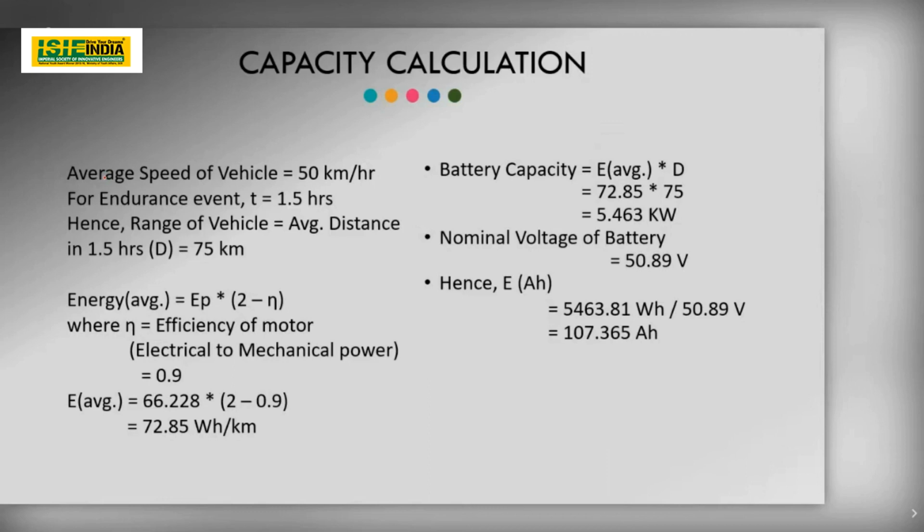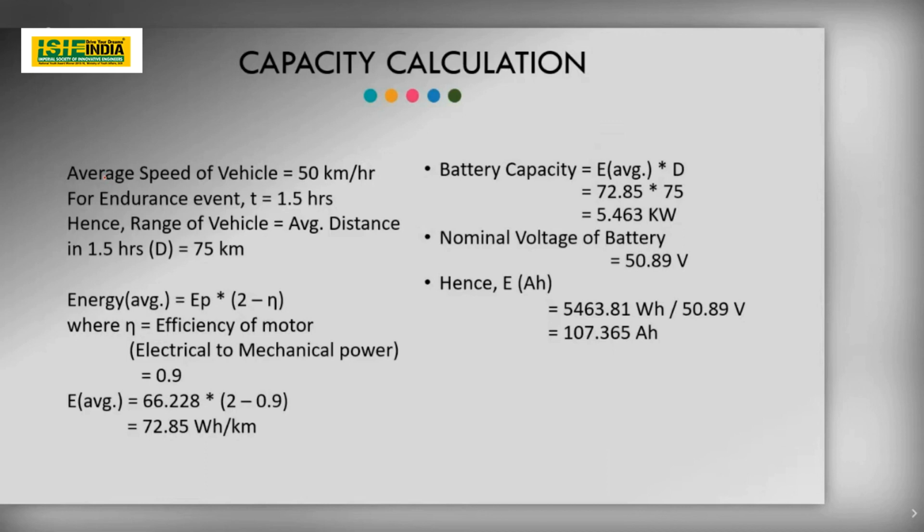Thus, the range of the vehicle will be the average distance in 1.5 hours, that is speed of vehicle into time. By multiplying 50 with 1.5, we get 75 kilometers. So now we have the range of the vehicle.